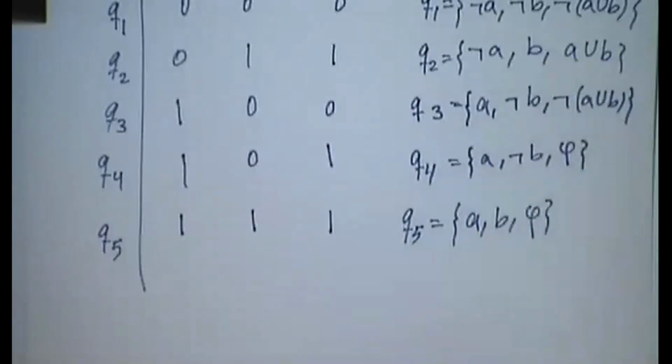Now let's make the automaton. My automaton now has 5 states.